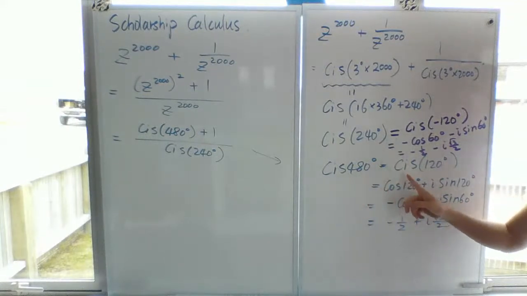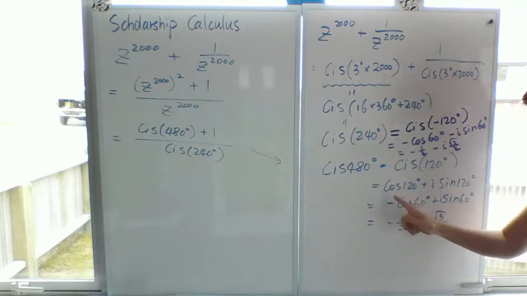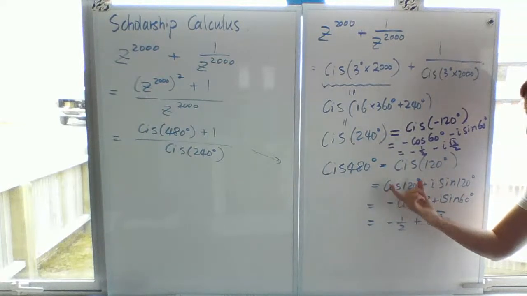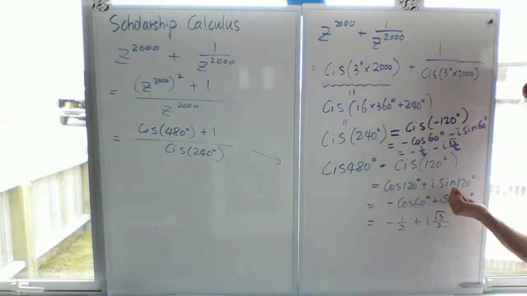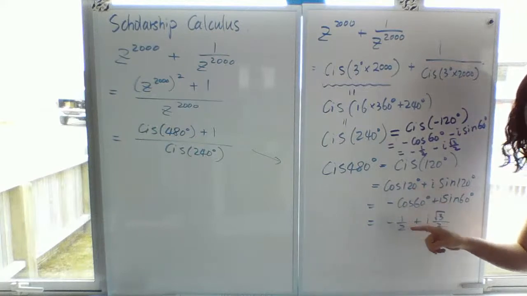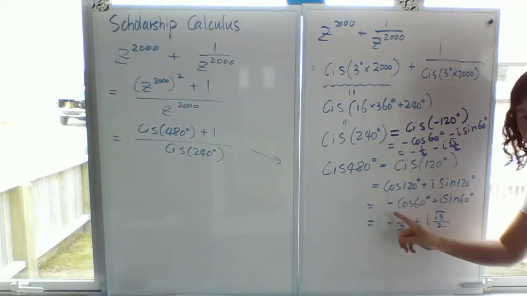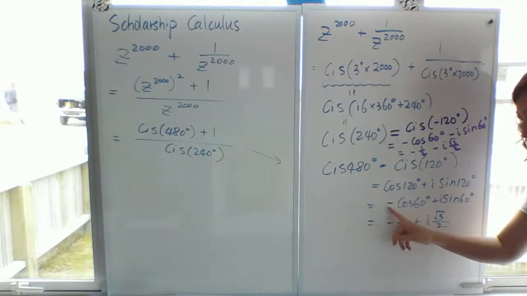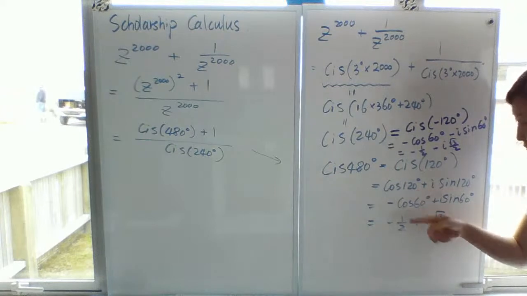So cis 480 is the same as 1 revolution plus 120 degrees. And then I break it down to the original format: cosine 120 degrees plus i sine 120 degrees. Using ASTC, if you look at the location of the angle, 120 degrees is equivalent to negative cosine 60 degrees because it's in the second quadrant.